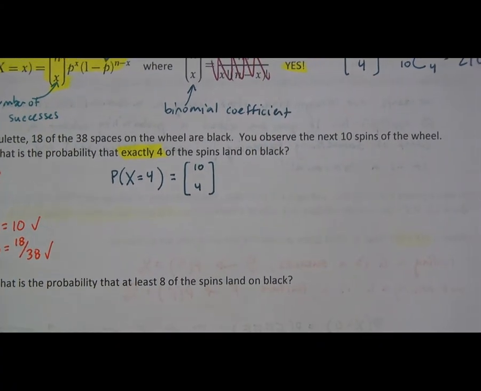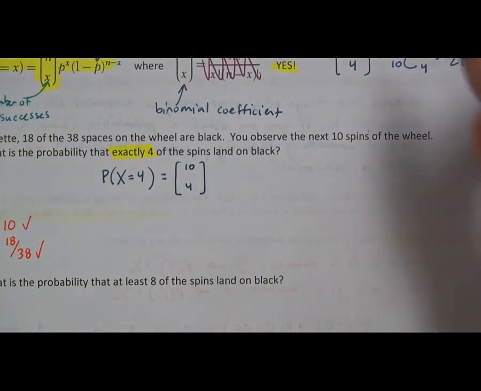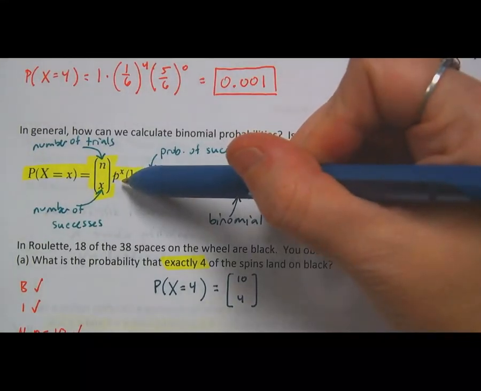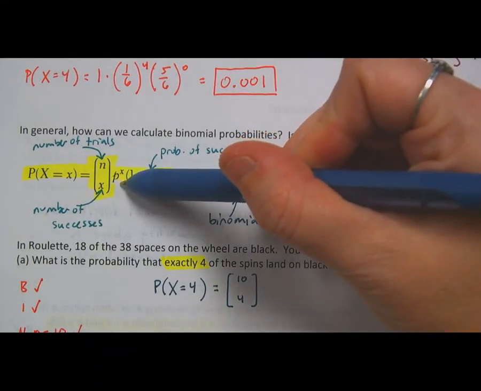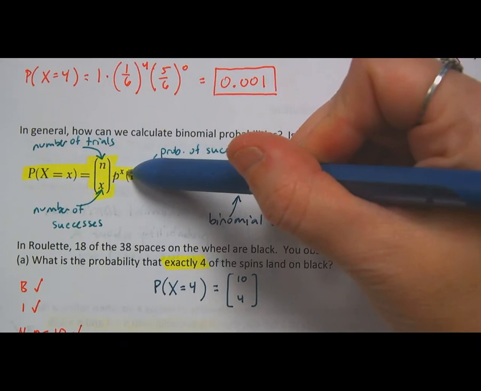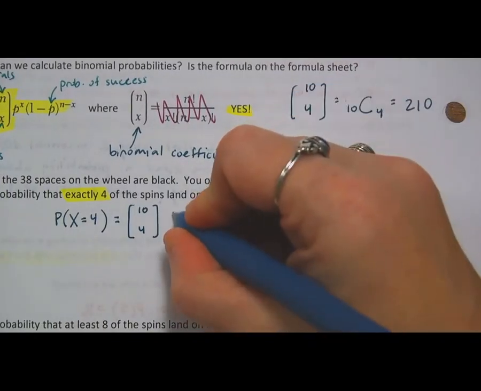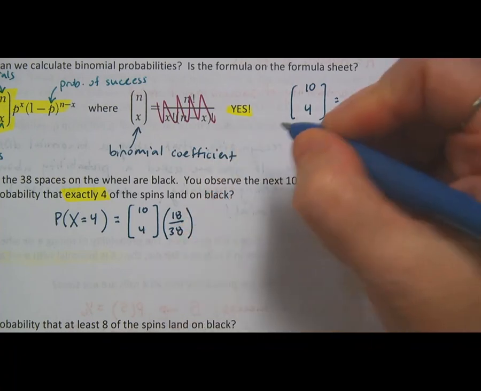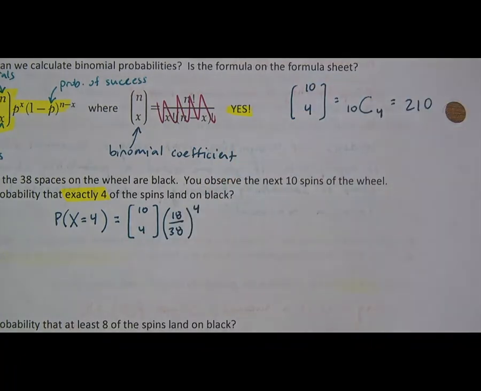That gives us 210 right there. Times, look what the formula says, the probability of success raised to the power of how many successes you want. So 18 out of 38 is the probability of success, and I want 4 successes.